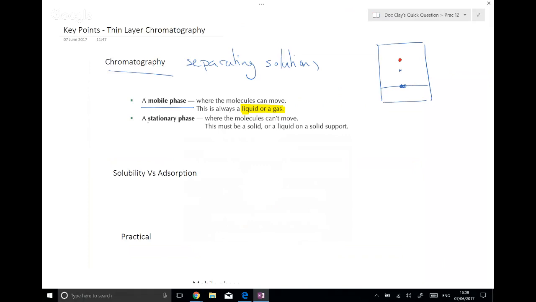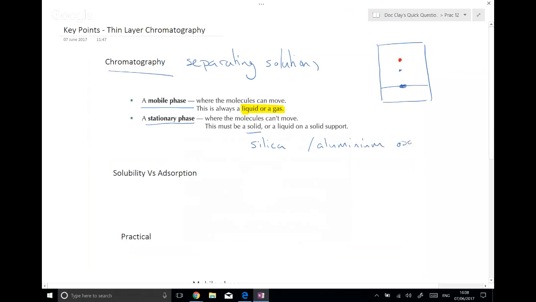And it also consists of a stationary phase. A stationary phase is simply a solid, and the stationary phase that we'll be looking at most likely here is silica, which is silicon dioxide, or aluminium oxide. Those are the two key solid phases.